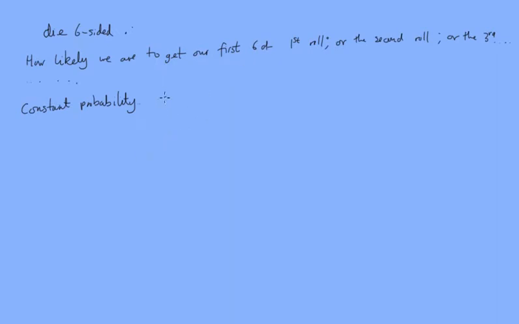So the success is P, and I'm going to use P because I want to make it generic, and a failure is 1 minus P. The probability of a 6 on the first roll is P, which is a success.